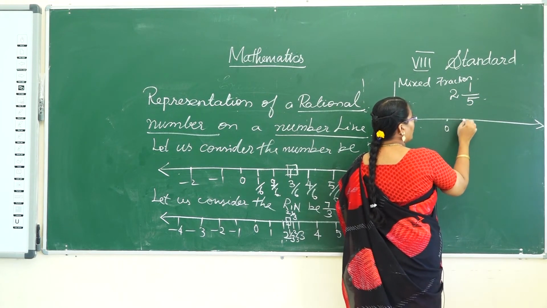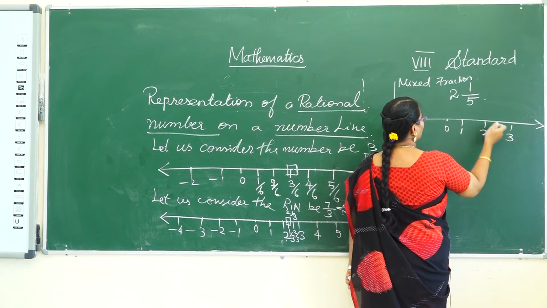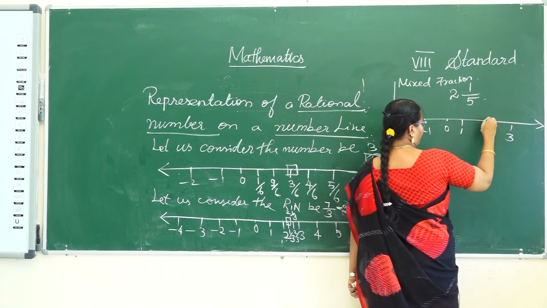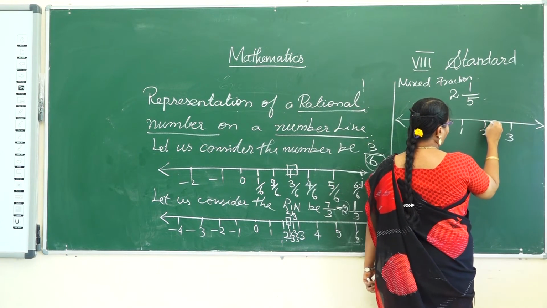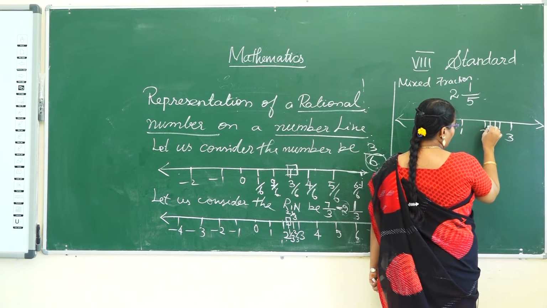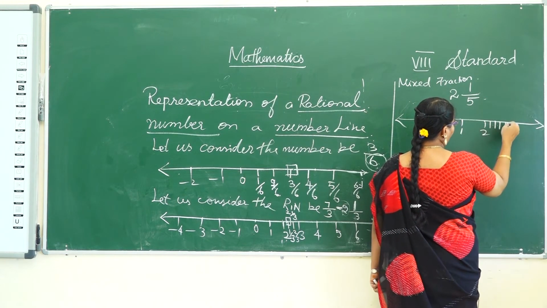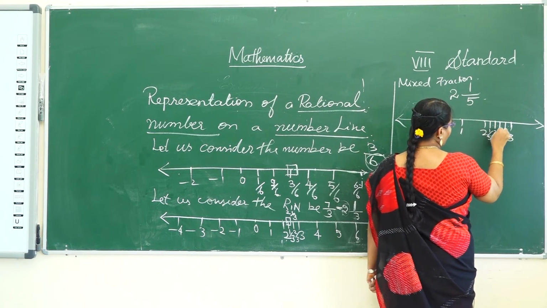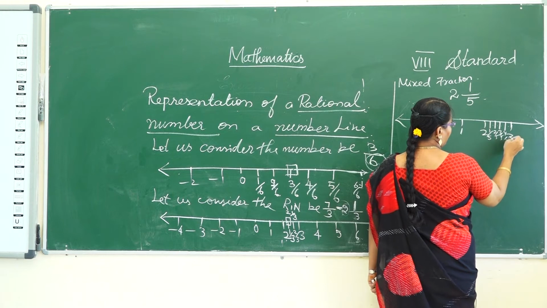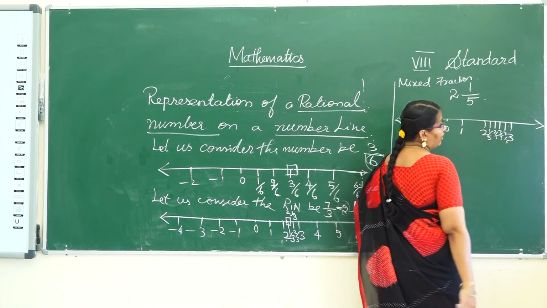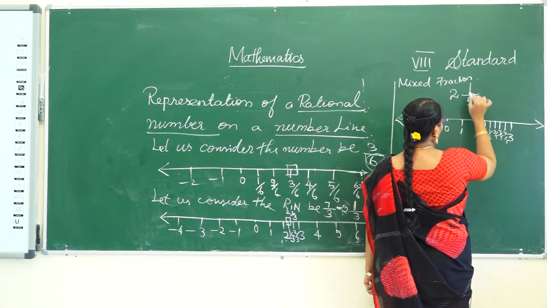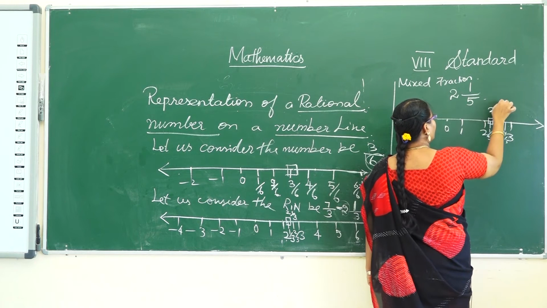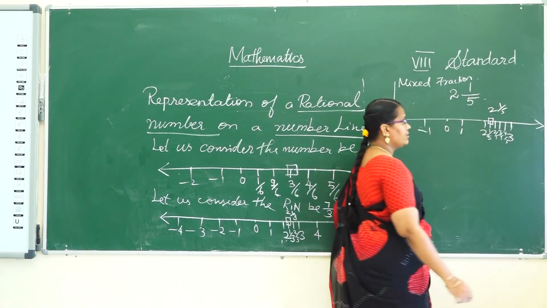As usual, 0, 1, 2, 3, minus 1. So, 2 here. In between 2 and 3, divide into 5 equal parts: 1, 2, 3, 4 and 5. The first part denotes 1 by 5, the second 2 by 5, 3 by 5, 4 by 5, and 5 by 5 we get the value of 3. So, now mark 2 and 1 by 5, that is 2 after 1 by 5.